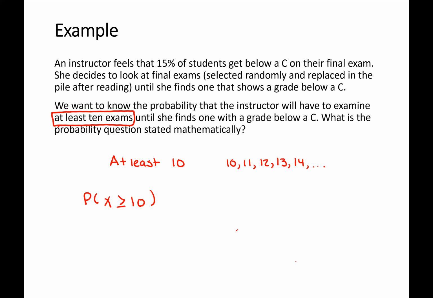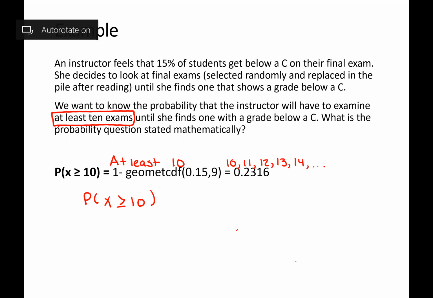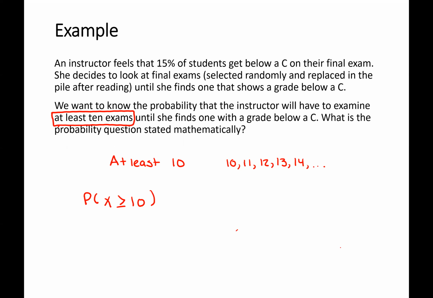Now, how do we calculate this? We need to find the geometric distribution on our calculator. Remember from the binomial distribution, our calculator finds probabilities less than or equal to a value that our random variable takes on.